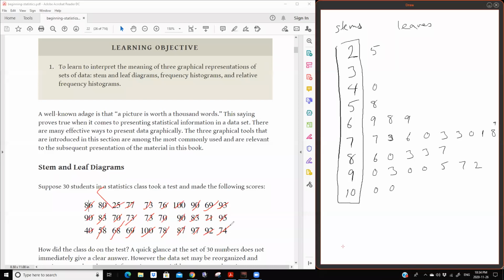A dot plot would be like this. You have 2, 3, 4, 5, 6, 7, 8, 9, 10. And then you just put a dot here.